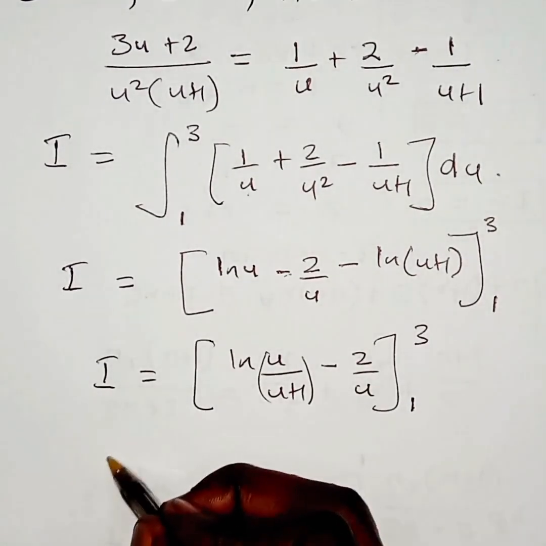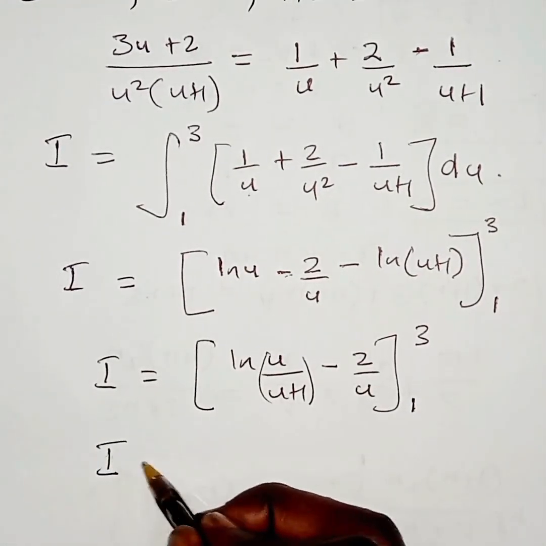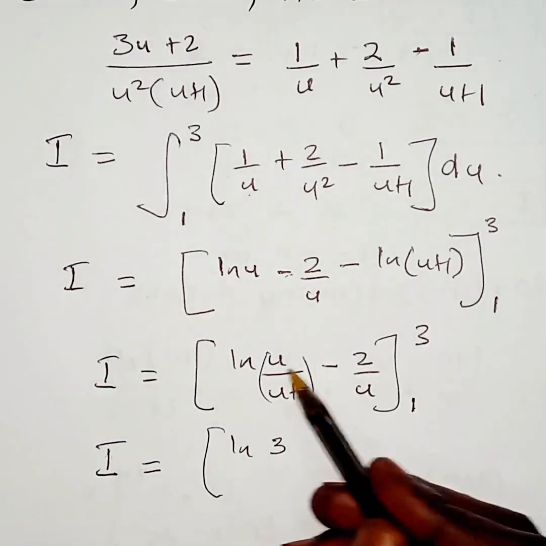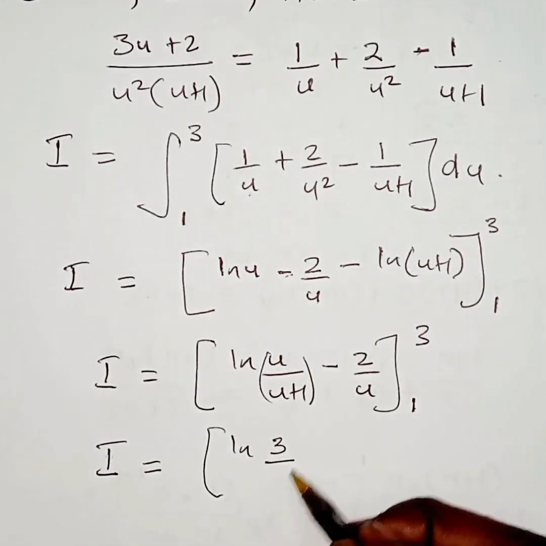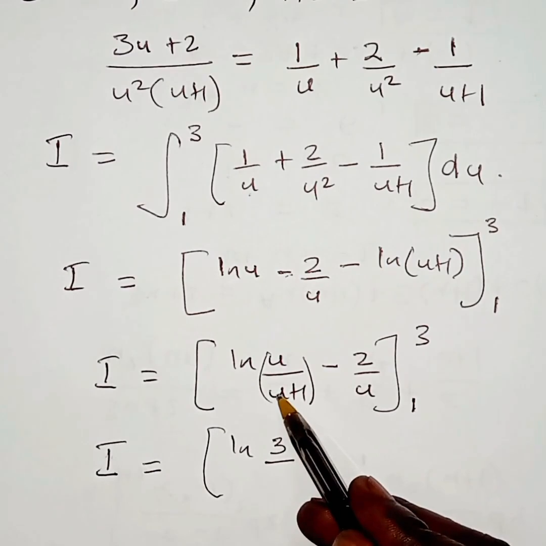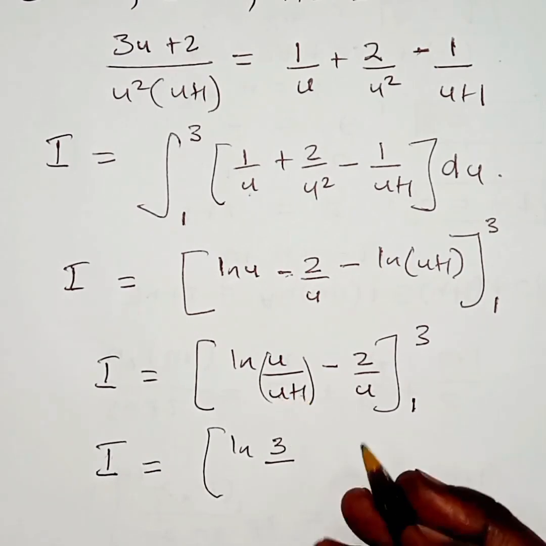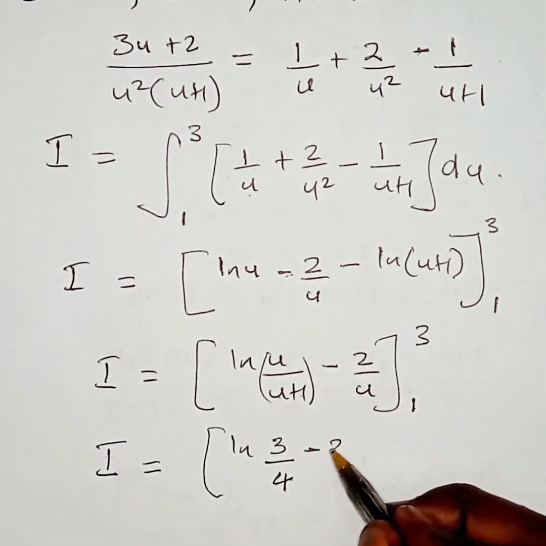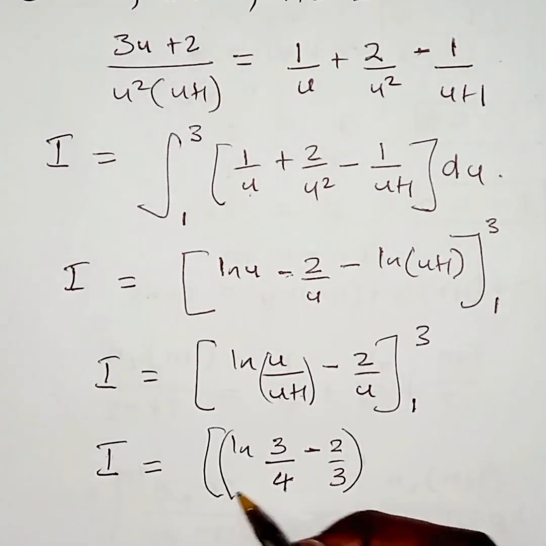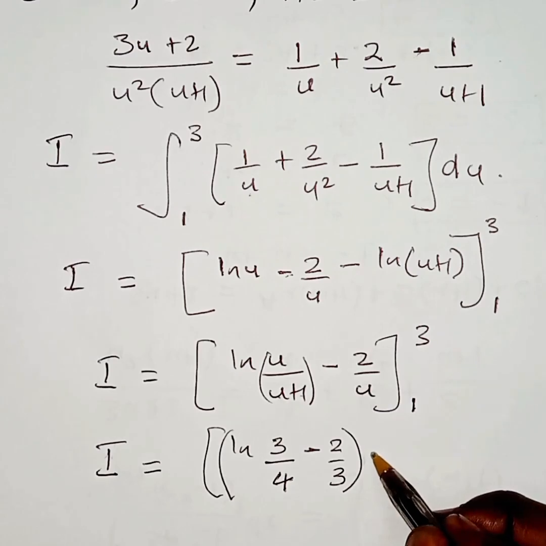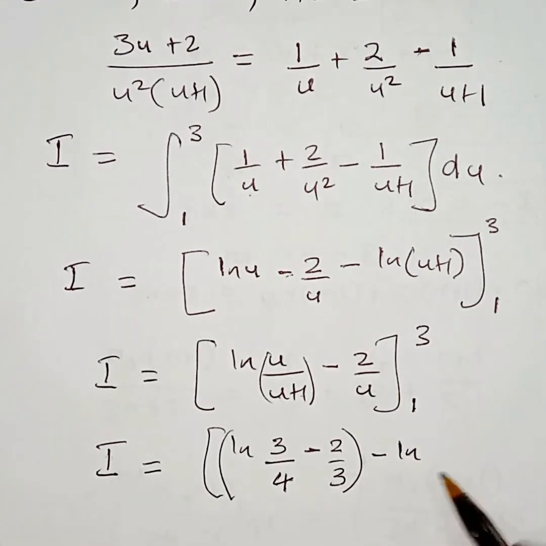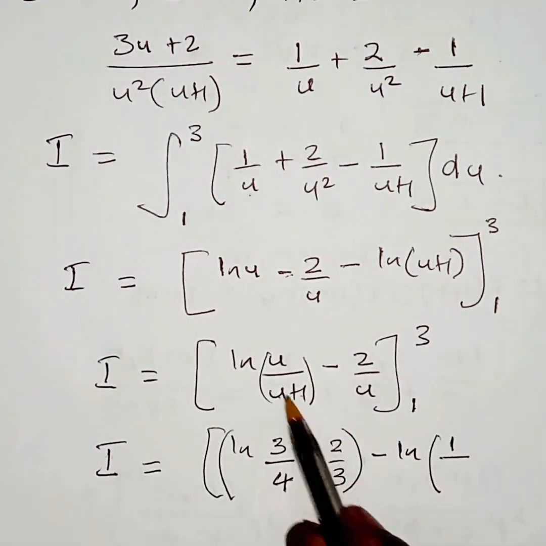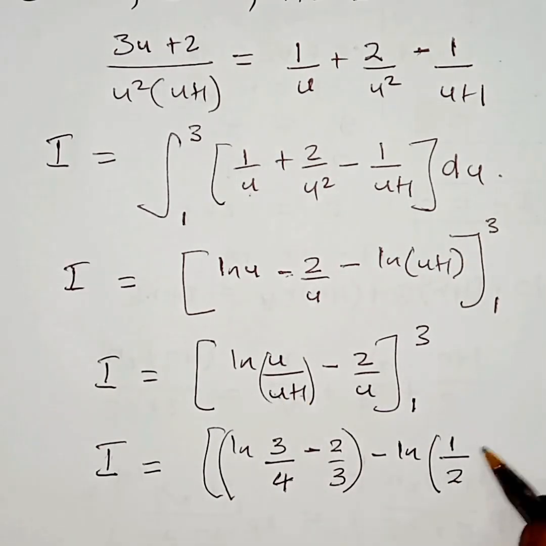Now we're going to substitute the limits now. We're going to say I is equal to ln 3. Okay, I'm putting a 3 wherever there's u, over u plus 1, that is 3 plus 1, you get a 4. Then minus, that's 2 over 3. And this will be subtracting ln, u is 1 in this case, so 1 over 1 plus 1, that's 1 over 2.